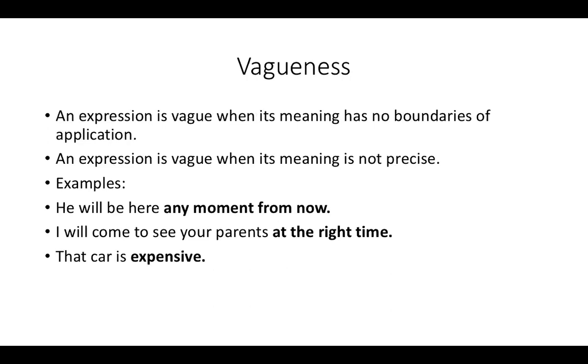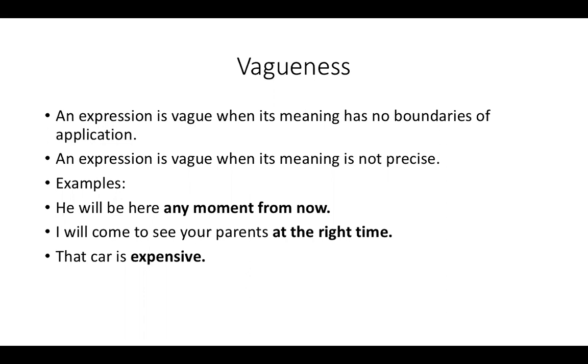Let's begin with vagueness. An expression is vague when its meaning has no boundaries of application, or an expression is vague when its meaning is not precise. So to combine these two descriptions, when the meaning of an expression is not precise, then such a meaning has no boundaries of application. For instance, he will be here any moment from now.